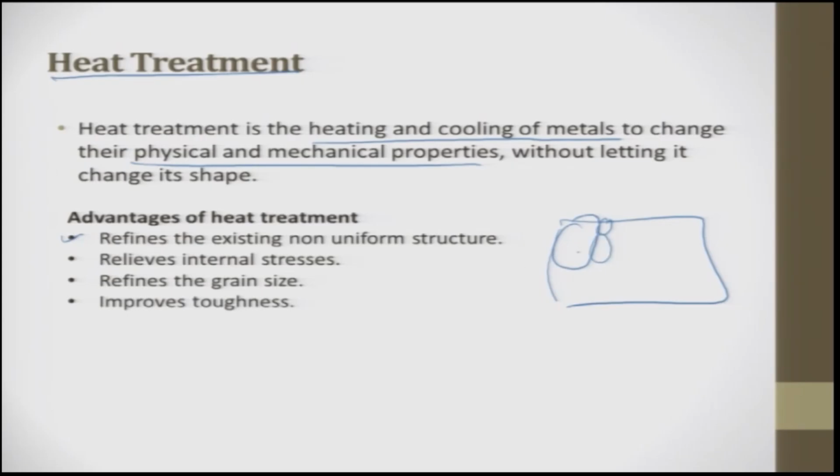So, there will be non-uniform distribution of stresses, mechanical or compressive stresses on top of the surface. So, if you want to refine them, so that is possible by heat treatment. Internal stresses can be relieved, the grain size can be refined, and the improvement of toughness can happen. Toughness is in turn required because you want to enhance the fatigue behavior.